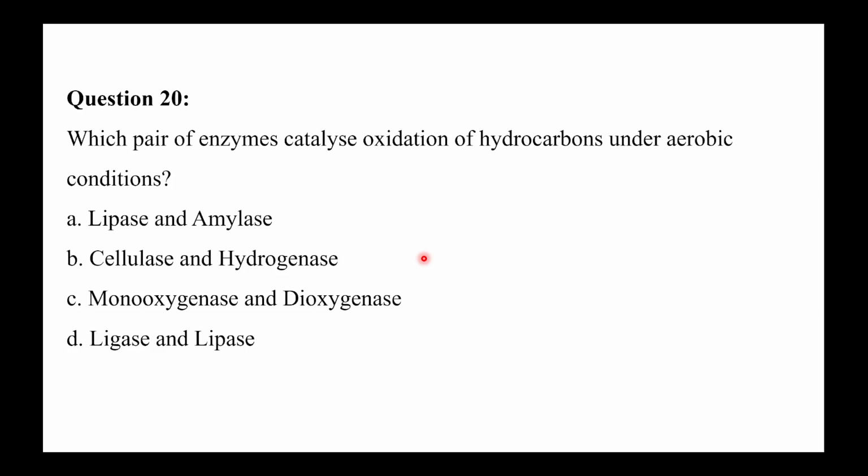Option A, lipase and amylase, option B, cellulase and hydrogenase, option C, monooxygenase and dioxygenase, option D, ligase and lipase. Which pair of enzymes catalyze the oxidation of hydrocarbons under aerobic conditions?